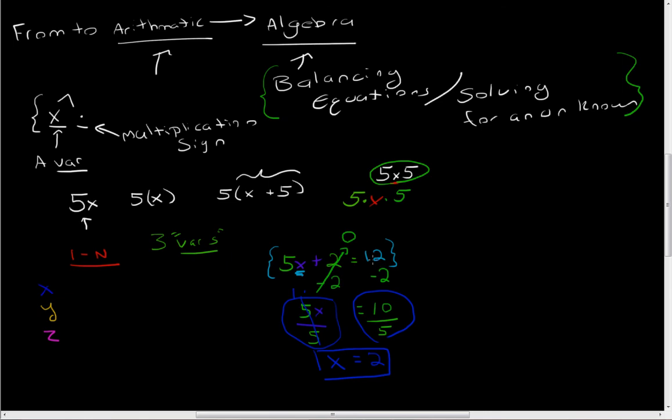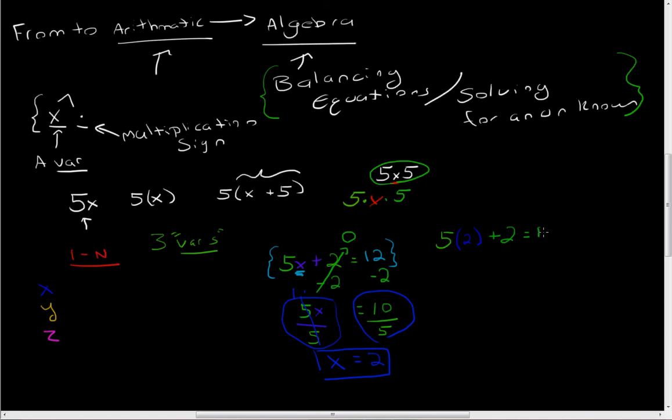Now to prove this, to prove 5x plus 2 equals 12, and the fact that I got x equals 2 out of this, all I'm going to do is say 5 times 2 plus 2 equals, what is 5 times 2 plus 2 equal?